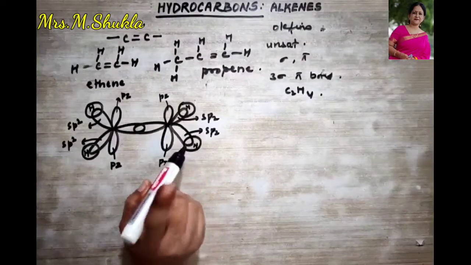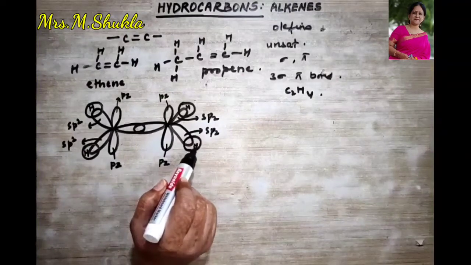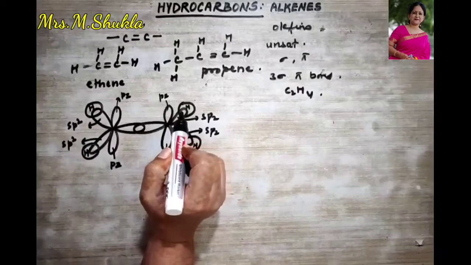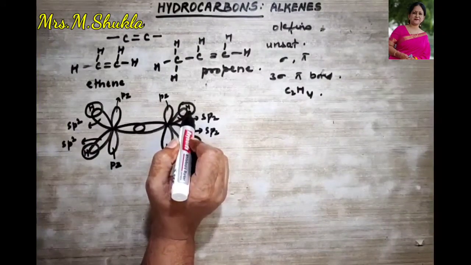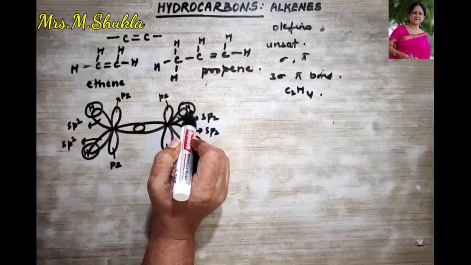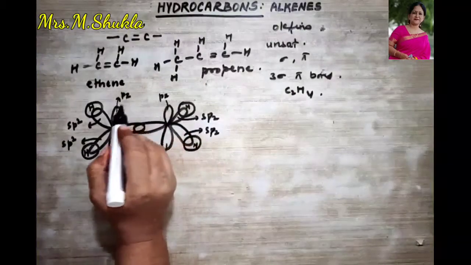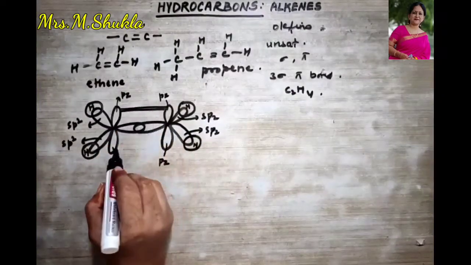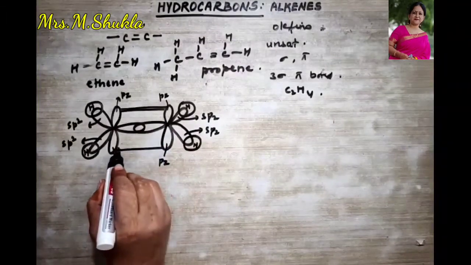Now let us look at this. Here you will see one s orbital of a hydrogen atom, right? Here you are going to see the carbon and the hydrogen atom with a sigma bond over here. Then look at the bond formations.